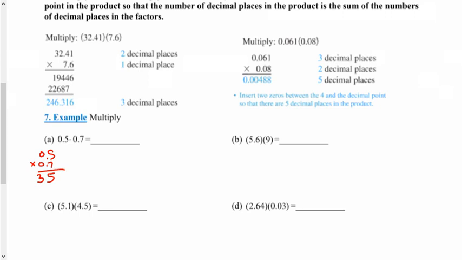Now, what I've done is I have 2 decimal places here that I've multiplied, so I need to have 2 decimals in my answer. Some people might think about it like this. If I forget about these decimals entirely, I could take this as 5 times 7 is 35. And now I come back and say, okay, that's 2 places I moved it, so I've got to move it 2 places. Either way you get it, you're going to get 35.